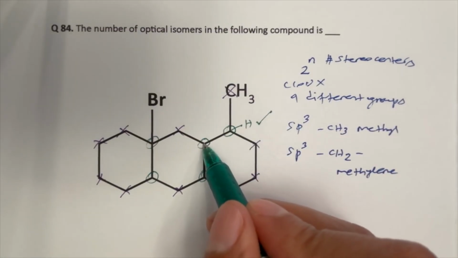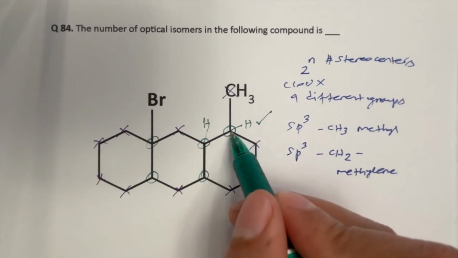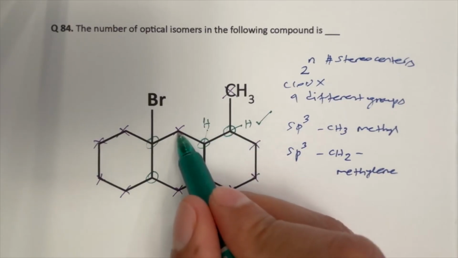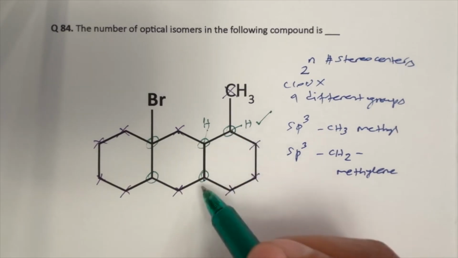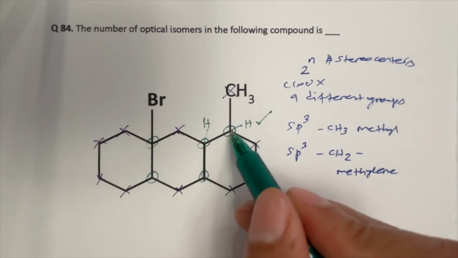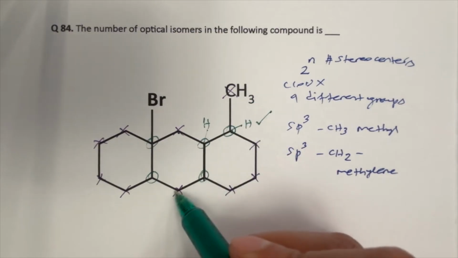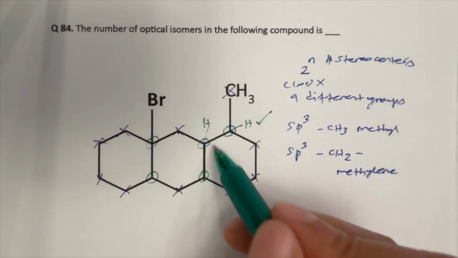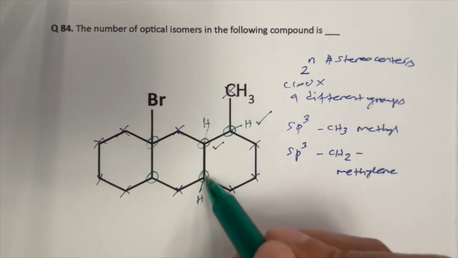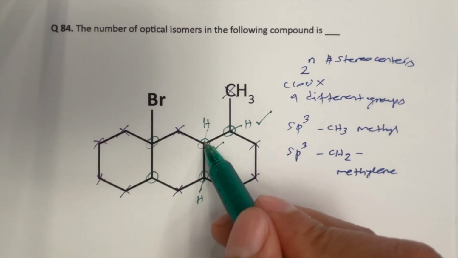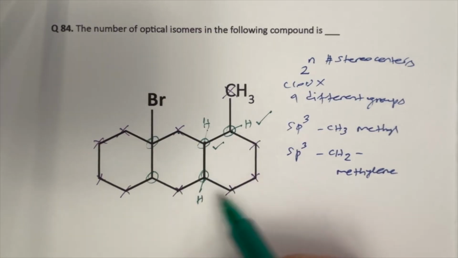We have a hidden hydrogen here. We have CH on this side, CH2 here, CH here too, but this CH is different from this CH because this CH is connected to methyl group, whereas this one is methylene and methylene, and therefore this is indeed chiral. How about here? We have hidden hydrogen once again, CH on this side, CH2 on this side, CH2 on this side.